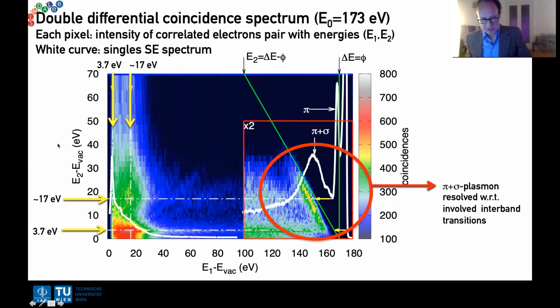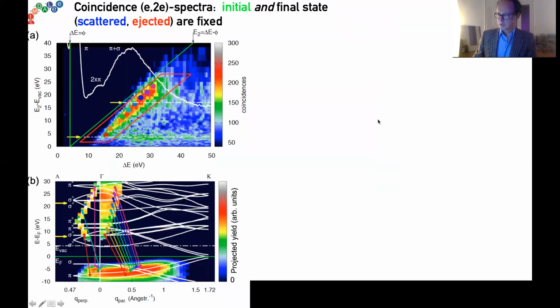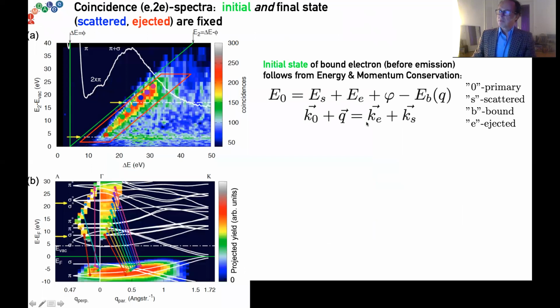One of the unique features of coincidence spectroscopy is that it enables us to resolve the pi plus sigma plasmon with respect to the involved interband transitions. And this is done by considering energy momentum conservation of the electron pair. So we measure the energy and the momentum of the scattered electron. The momentum we simply get from the experimental kinematics, so the angular location of our analyzer.